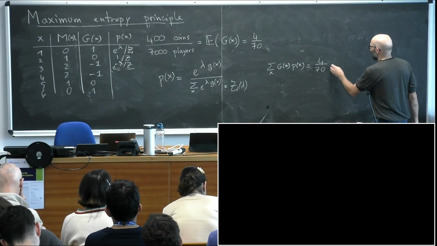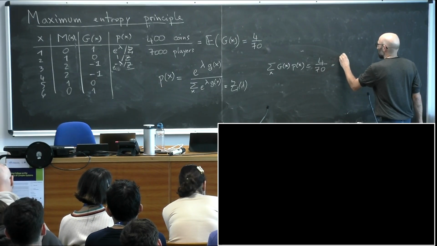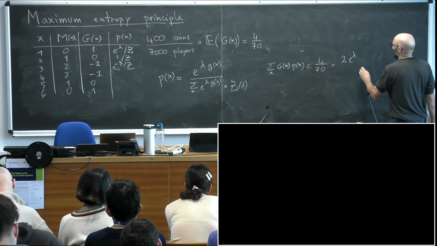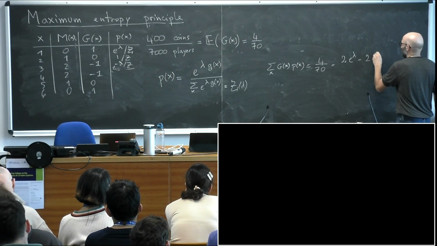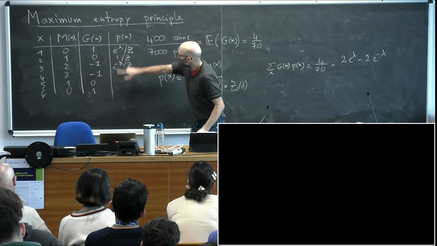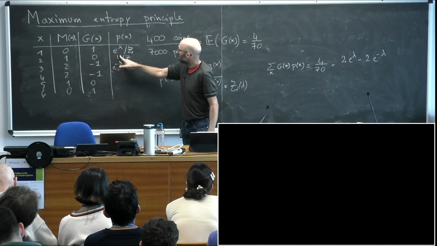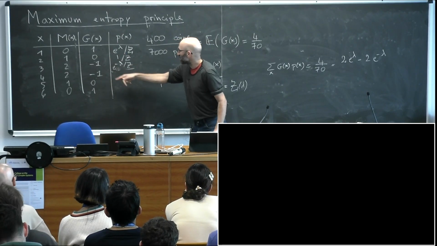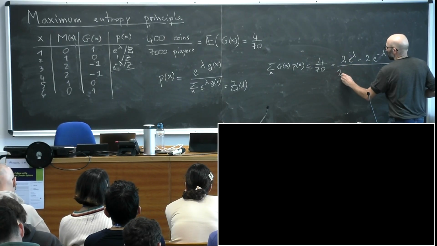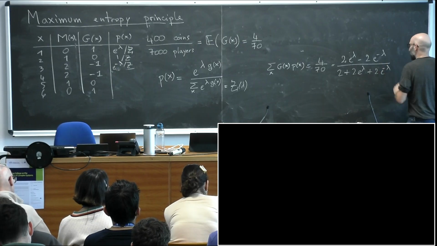What is this? This is going to be 2 exponential of lambda minus 2 exponential of minus lambda, because in this case I have two cases where the gain is 1 with probability exponential of lambda, two cases where the gain is 0, and two cases where the gain is minus 1, divided by 2 plus this, okay?